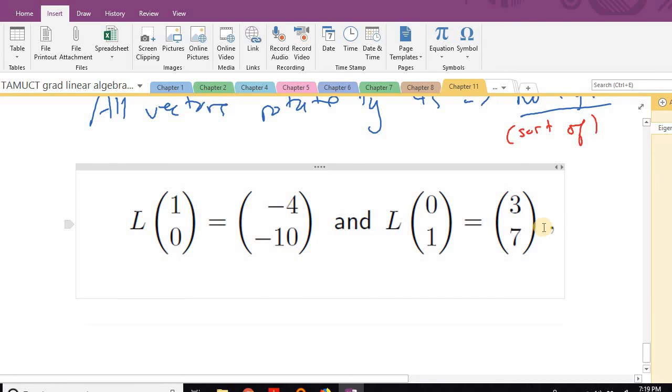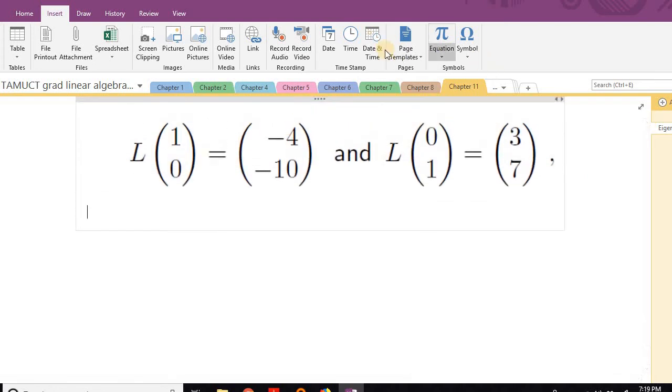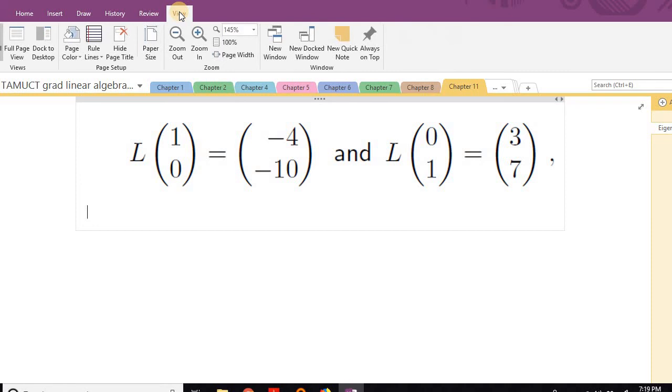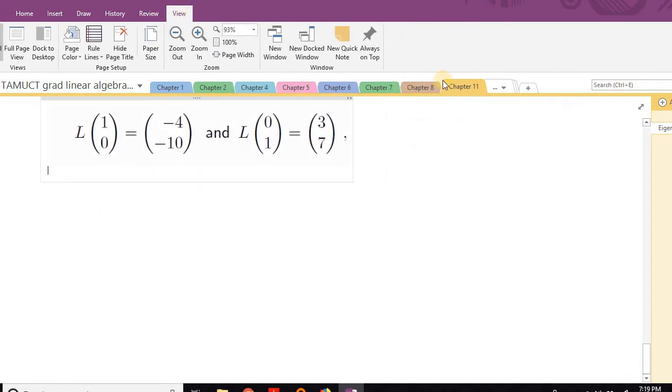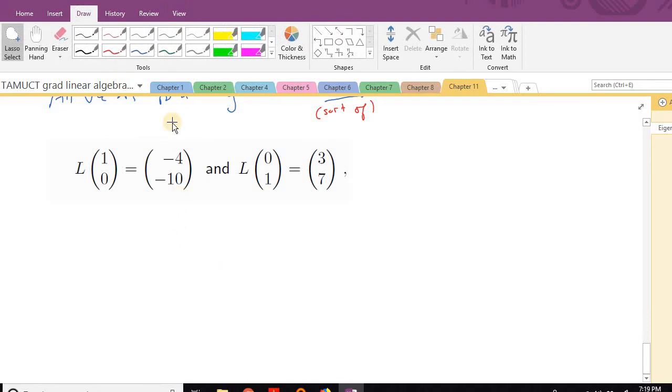All right, so here we have L(1, 0) = (-4, -10), and L(0, 1) = (3, 7). So what does that look like? Let's try to visualize it. This (1, 0) vector, I'll make it red.